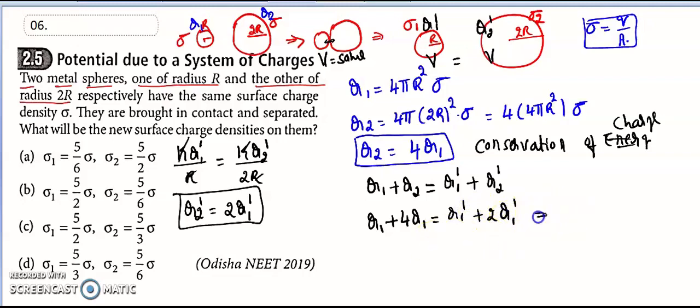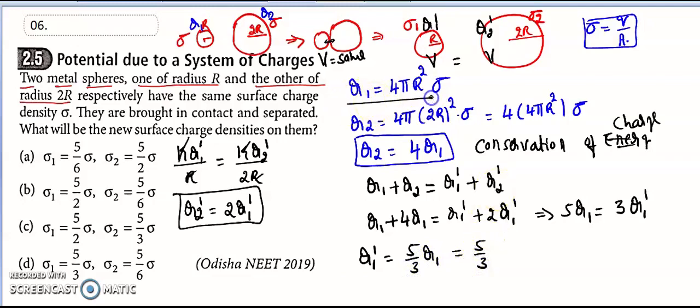After simplification, 5Q1 is equal to 3Q1 dash. So Q1 dash is equal to 5 by 3 Q1. What is the Q1 value? Q1 is 4 pi R square into sigma.